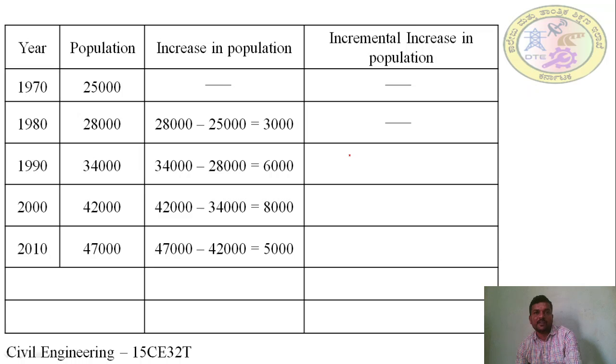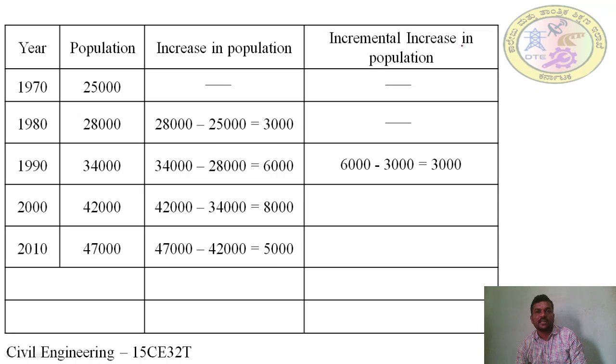So here we need to find out the incremental increase in population for 1990 with respect to 1980. So how much the increase in population changed between 1980 and 1990 is calculated. So 6000 minus 3000 is equal to 3000.